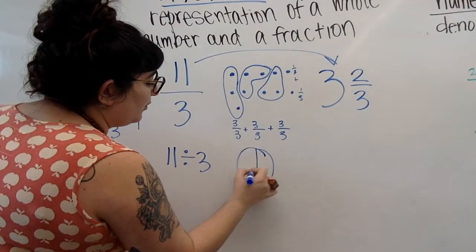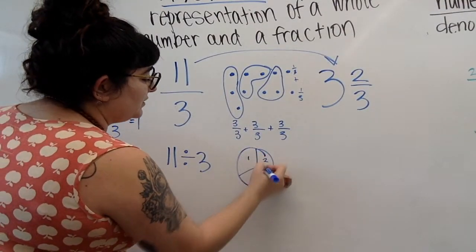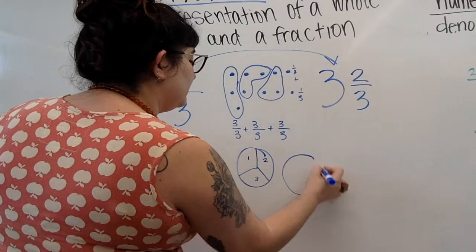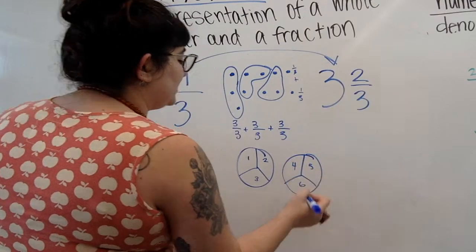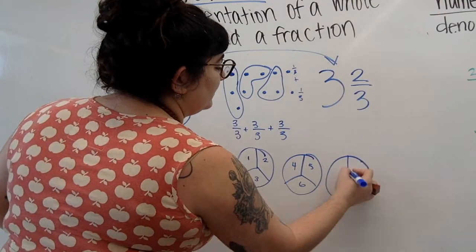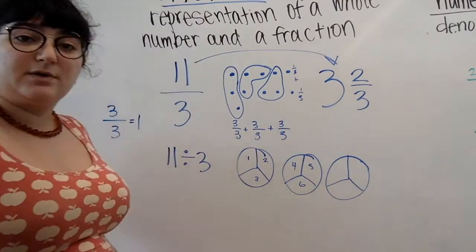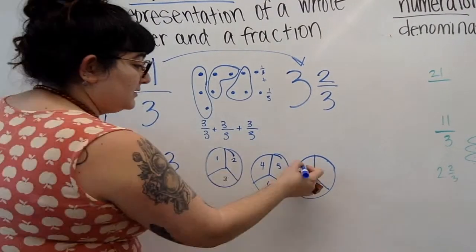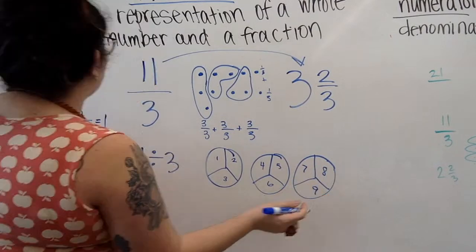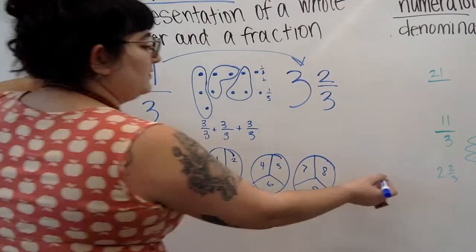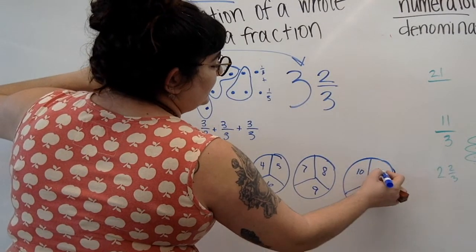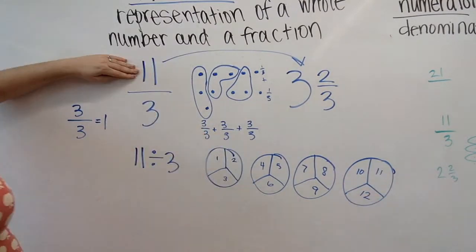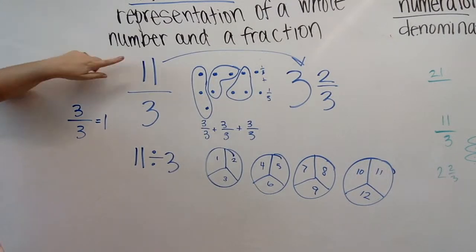So I know that one of these is 1, 2, 3 thirds. 4, 5, that's 6 thirds. I want to make sure you can see this. 7, 8, 9. We're almost there. 10, 11, 12. But do I have 12 to give? I don't. I don't have 12 to give out.